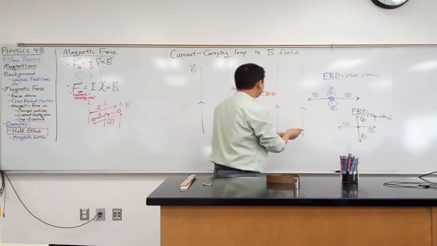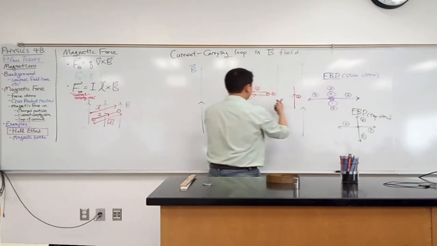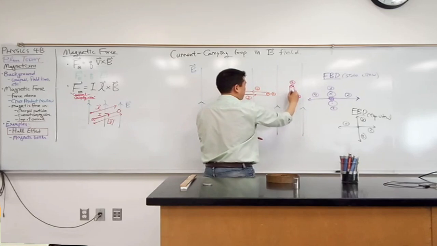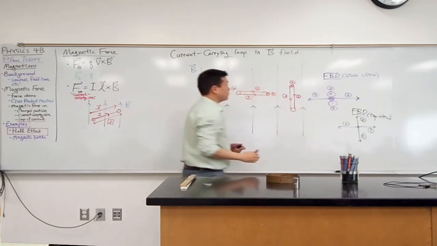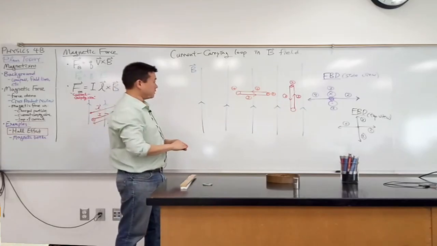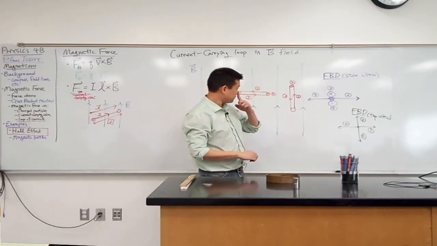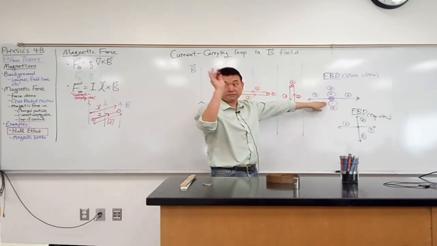So if the loop is oriented around, segment 1 becomes this segment. Segment 2, well, it's still going into the board. Segment 3 brings it back down. And segment 4 is still coming out of the board. All right, let me draw that here, just in red.